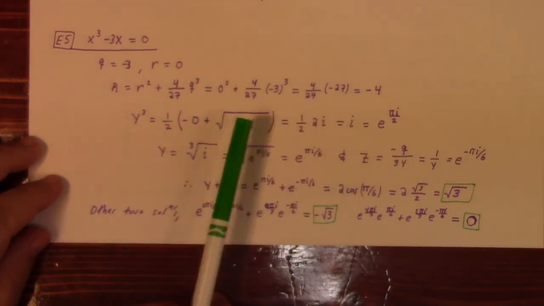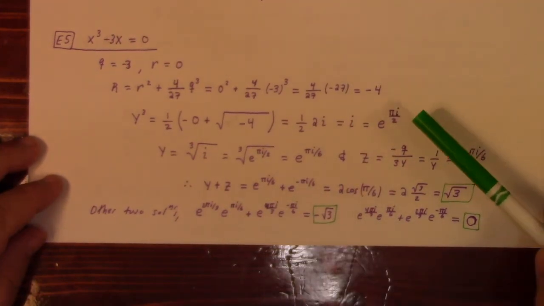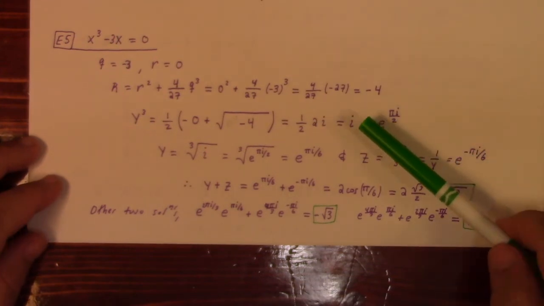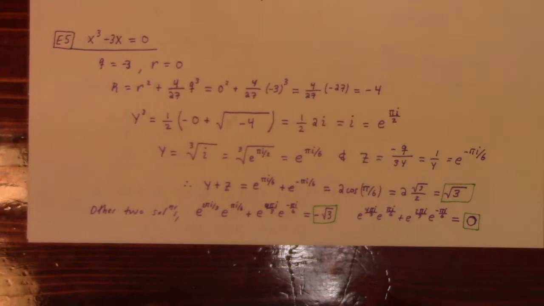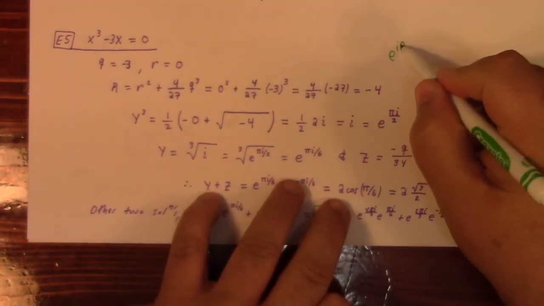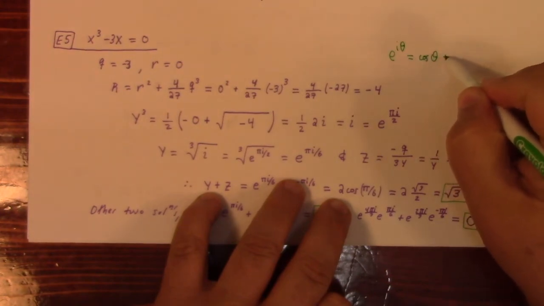Now i, remember, is e to the pi i over 2, because cosine pi over 2 plus i sine pi over 2 is equal to i. If you forgot, remember e to the i theta is cosine theta plus i sine theta.